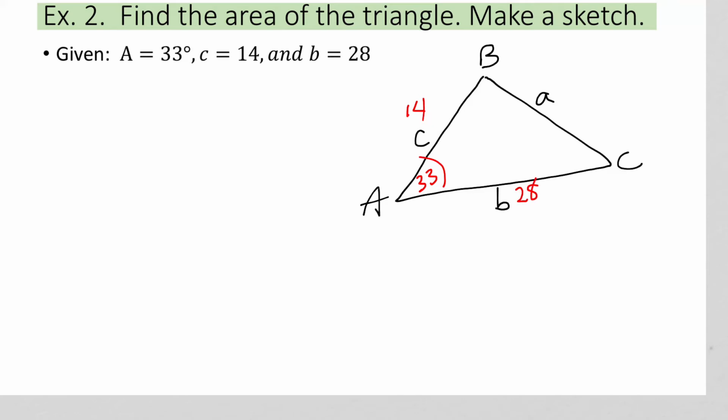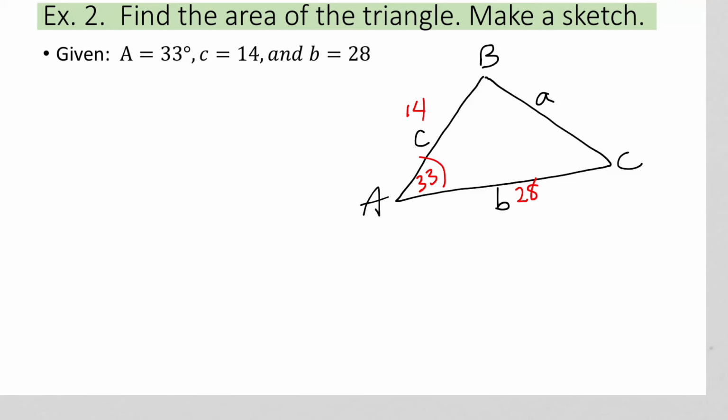Looking at this diagram I have here, I'm going to choose my base. So I can see that if I choose side B as my base, which would mean this would be my height perpendicular to my base from the opposite angle B, I'll already have this angle here to calculate my height using right triangle trig.